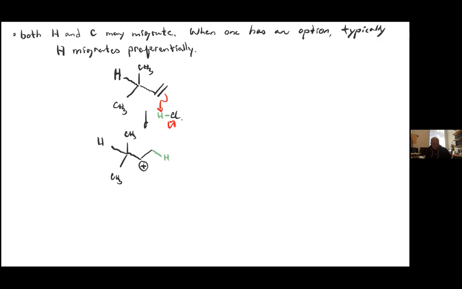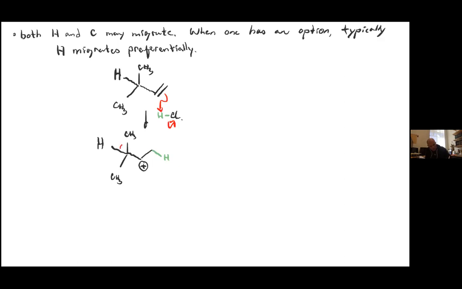You get to this type of secondary cation. The only difference here is that we've removed one of the methyl groups on this alkene substituent. And so it's a secondary cation. I can migrate either a methyl group or a hydrogen. And if I migrate a hydrogen, let me show you what happens.